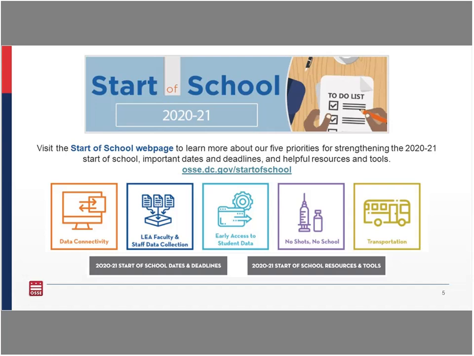And many of these are role-based and cover a wide range of topics. Under early access to student data, that is where you will find checklists related to serving English learners. And we will also cover information related to what's in those checklists throughout the series that we're offering as well. Next slide, please.